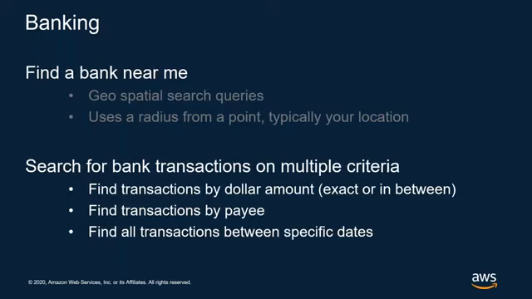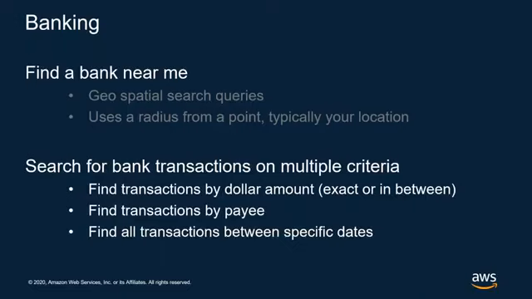Additionally, if you go on your banking website, you will find that you can search historical transactions back for n number of years. Well, this is actually provided by search. And what banks will do is offer you the ability to find transactions by, say, dollar amount. This can be exact or it can be in between. Say that you wrote a check, say 20 days ago, and you wrote it for $400, but you don't quite know who you wrote it to, and you haven't seen that check cash.